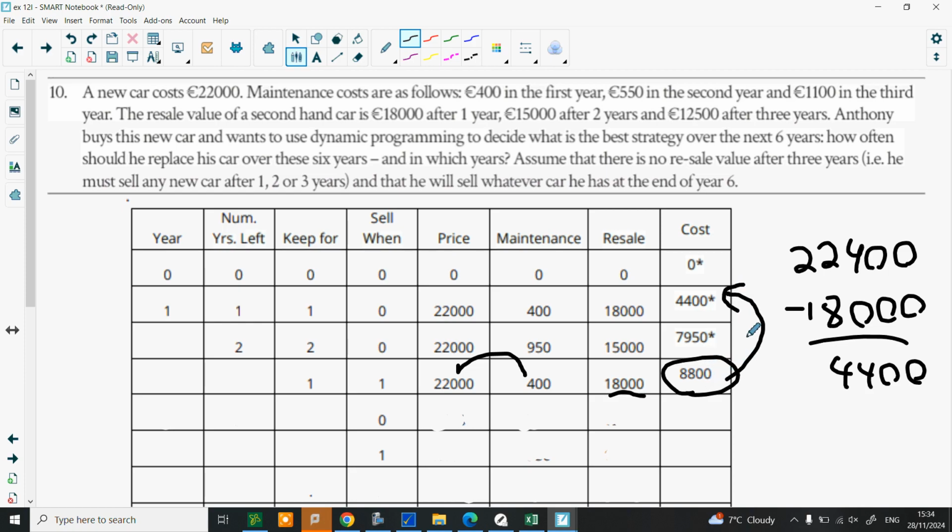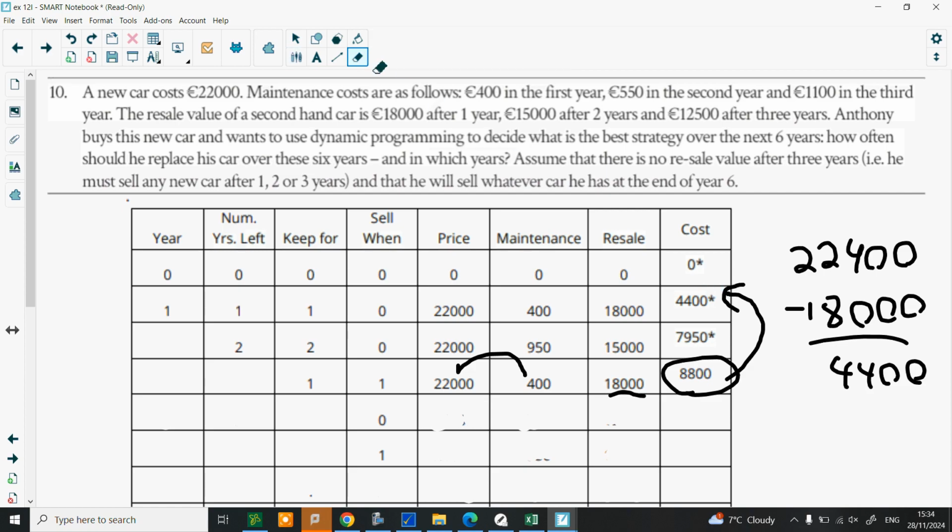Because of the previous year. Okay? Because you sold that car, didn't you? Keep for 1. Numbers left, keep for 1. And keep for 1, sell when 1. Yeah, it makes sense. Because in the last year, we only keep the car for 1 year.